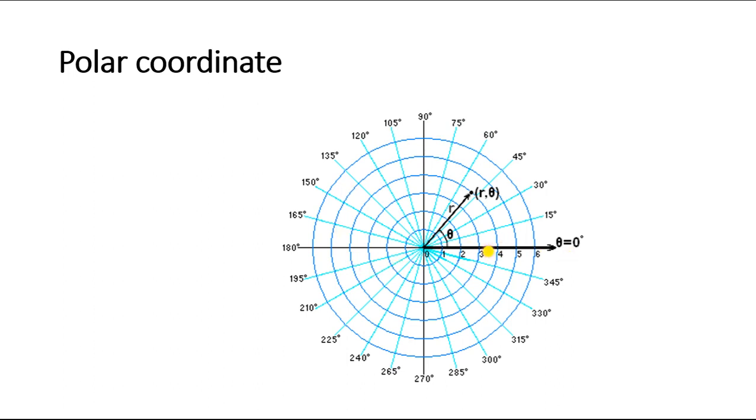Theta 0, theta pi over 2, theta pi, theta 3 pi over 2, theta 2 pi.